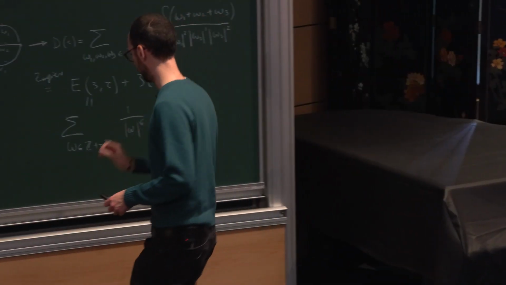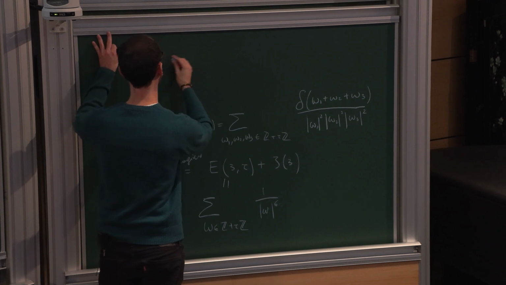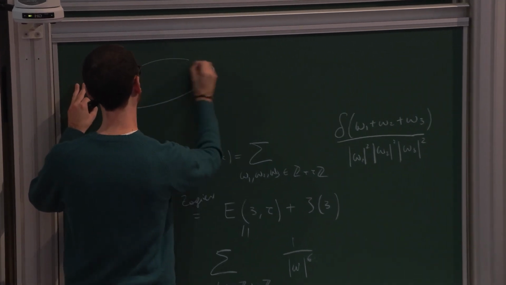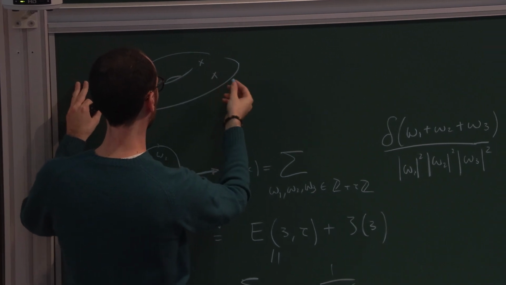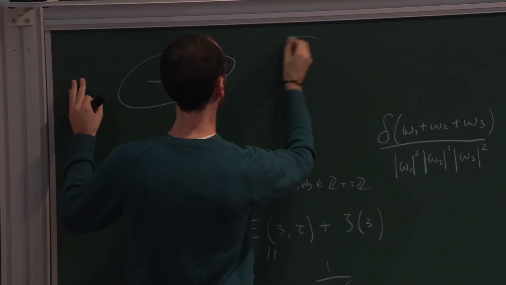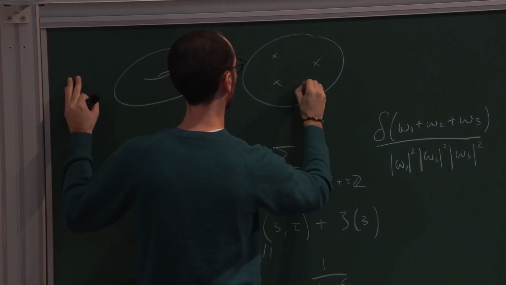Maybe just one very small comment. Why should you expect this kind of relation? So this is just a geometric picture. You have your torus, let's say with 2 marked points, and this can be seen as this sphere.